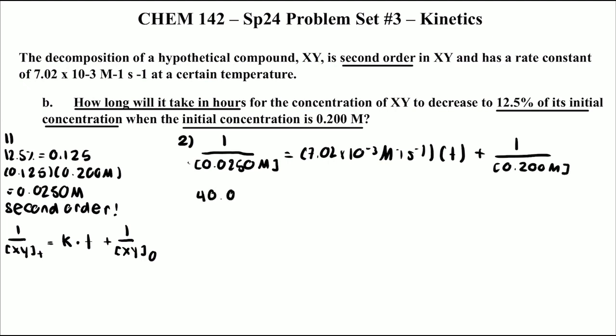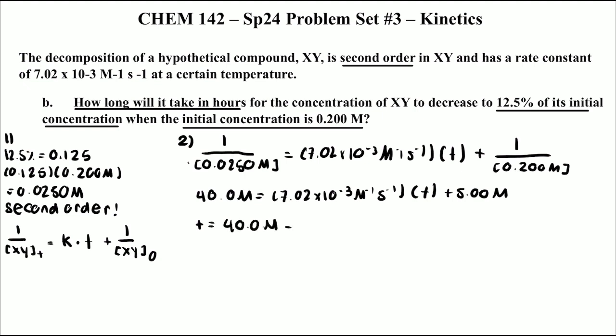So 40.0 inverse molar is equal to a rate constant K of 7.02 times 10 to the power of negative 3 inverse molar per second times T, plus 5.00 inverse molar. And if we rearrange for T, we get that T is equal to 40.0 minus 5.00 divided by our rate constant.